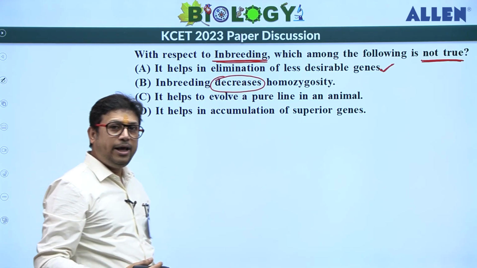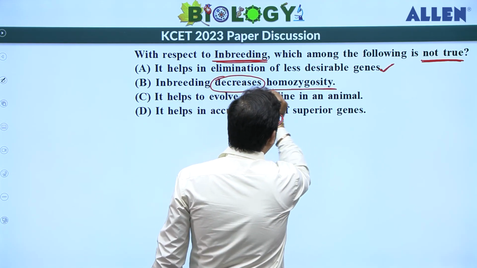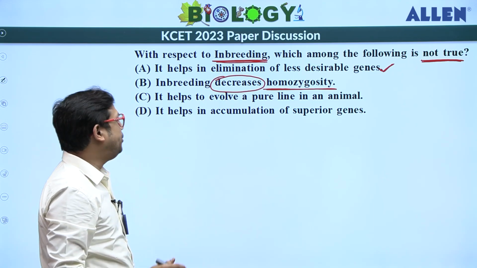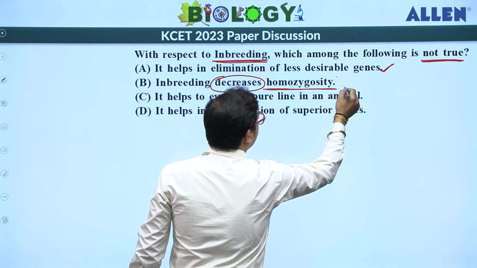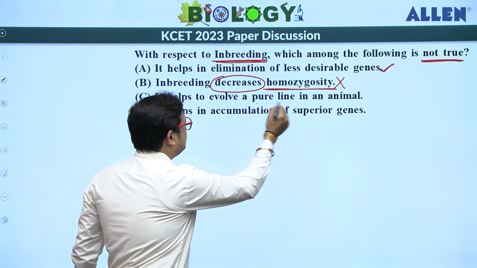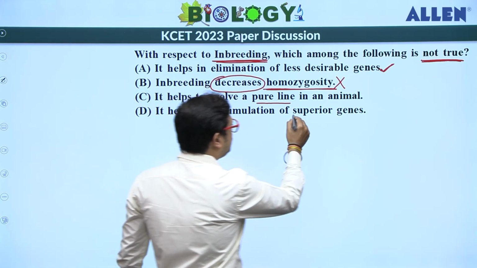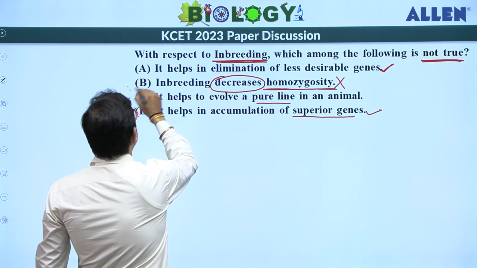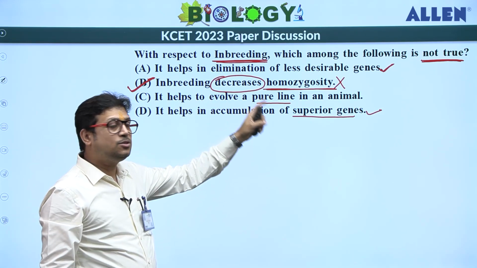So inbreeding increases homozygosity and helps in establishing pure lines. So this is wrong. Let us check the others also. It helps to evolve a pure line, yes. It helps in accumulation of superior genes, yes, that is also true. So the answer is B. Inbreeding increases homozygosity.